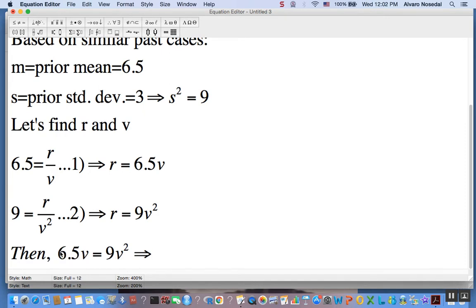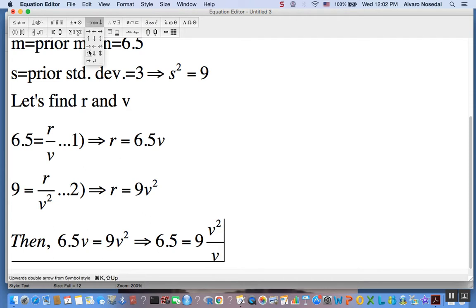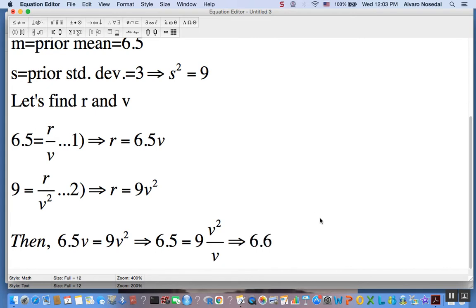And then what we have is just that 6.5 divided by 9 equals V.